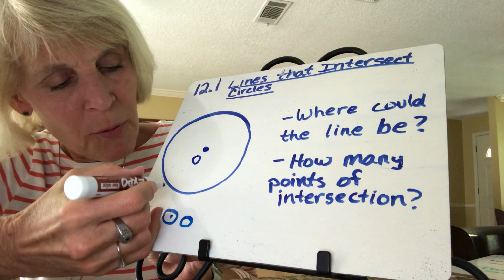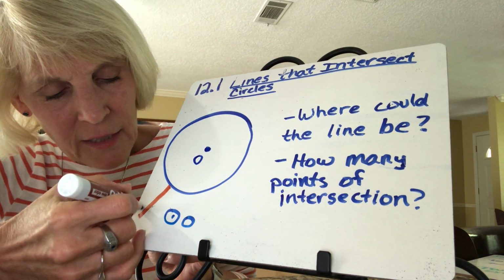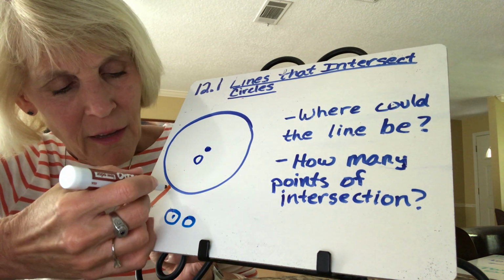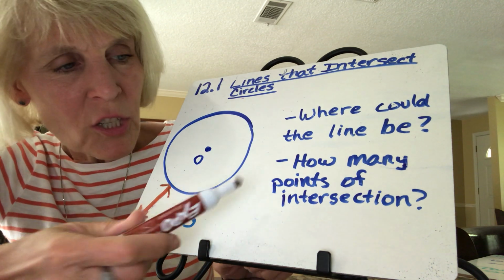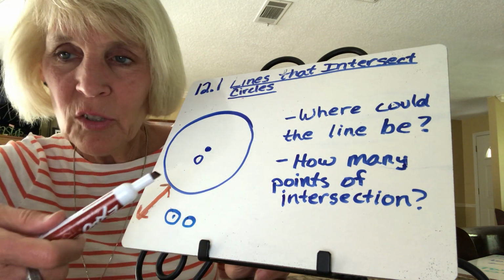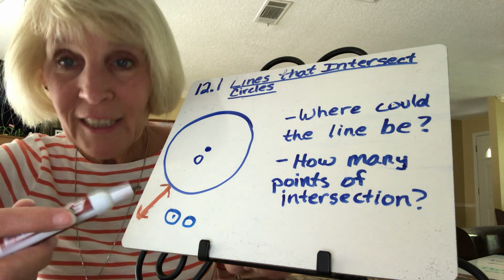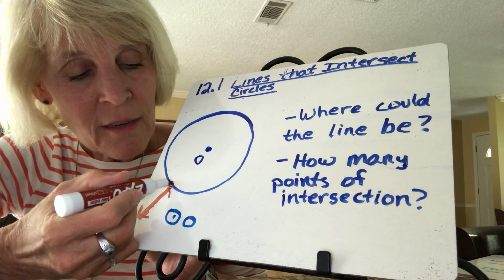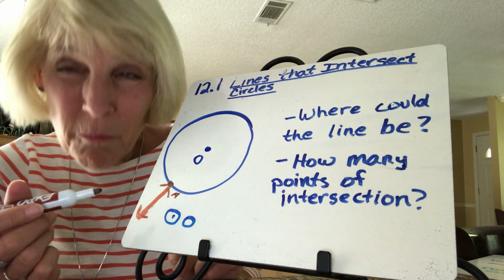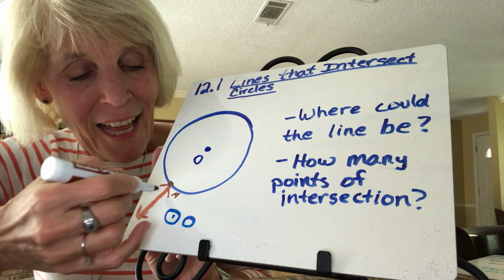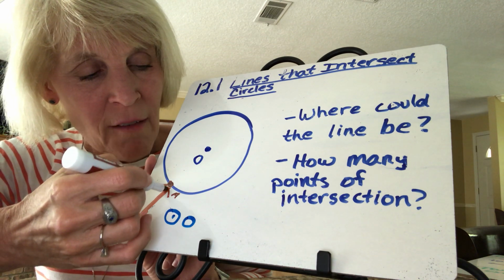So now if I put a line out here and say, here is my line. Okay, now my question is, how many points of intersection would that line have? Yeah, some of you are saying 1. Well, that might be true. There is point A, but remember from quarter 1, lines go on and on forever.